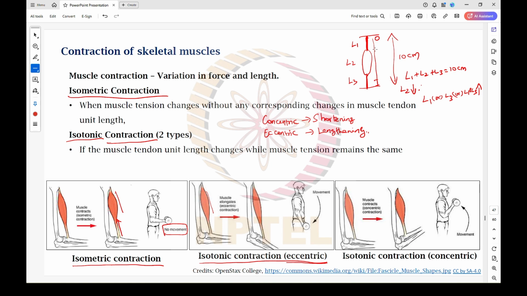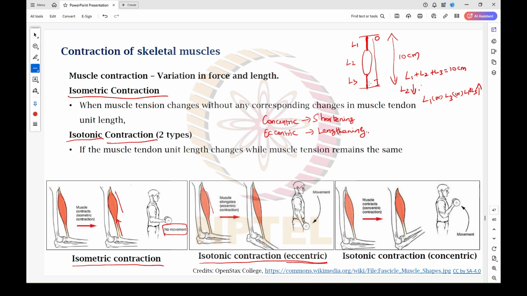If the length of the first tendon is L1, the length of the muscle is L2, and the length of the tendon that is close to the insertion point is L3, then the length of L2 decreases. However, L1 plus L2 plus L3 stays constant. So basically either L1 increases, L3 increases, or both increase.